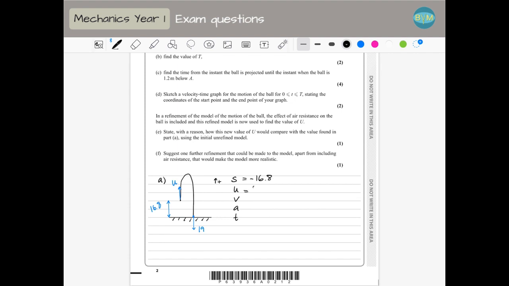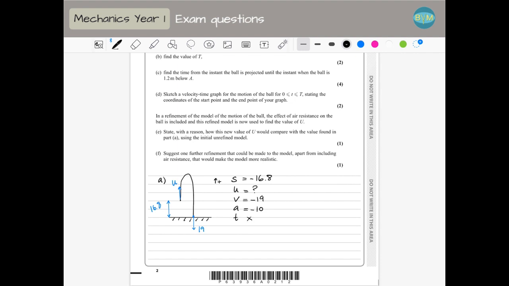Initial velocity is what I need to find. Final velocity is going to be minus 19 because it's down. The acceleration is 10, but it's going to be negative again because the acceleration is gravity, and gravity is always down. It doesn't matter how the particle is moving, that's going to be always down.